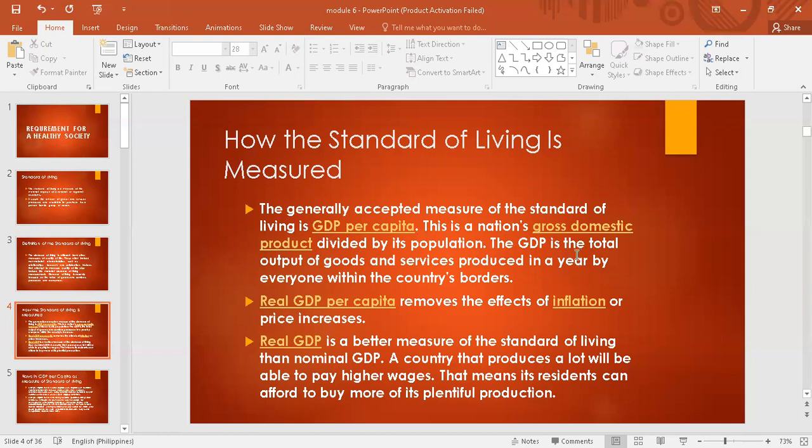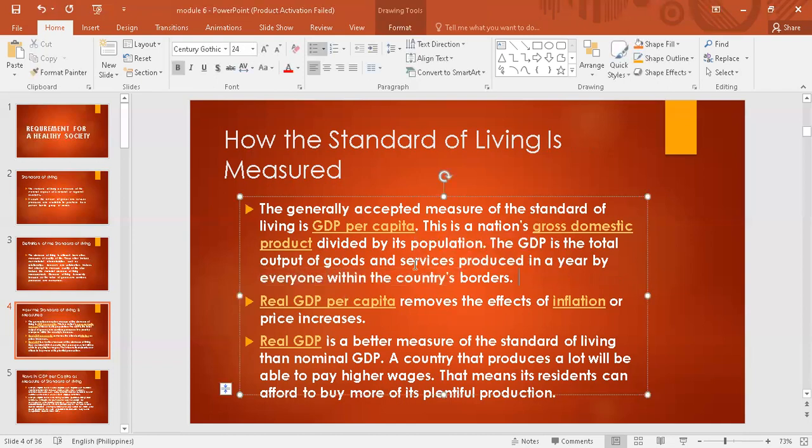Ibig sabihin, yung magtataho, ilan ba ang naiproduce niya, yung mga nagbebenta ng mangga or farmers, yung mga nasa laundry shop, gaano kadaming services they have provided. So everyone in that country, okay, yung output na ina-produce, pag sinabi nating output, these are the goods and services being produced in a year. So that's the gross domestic product.